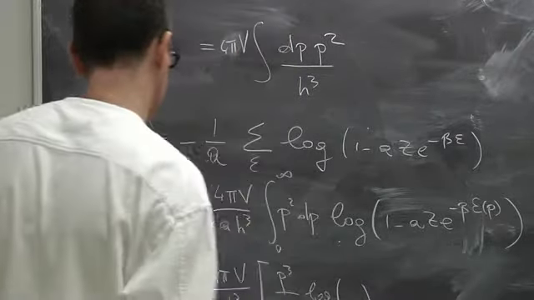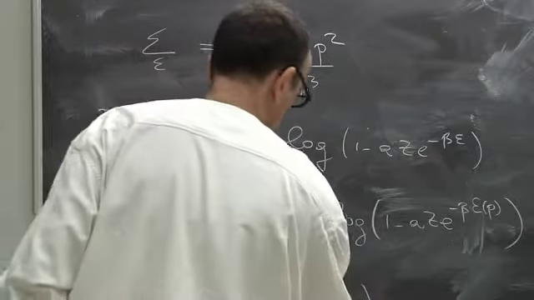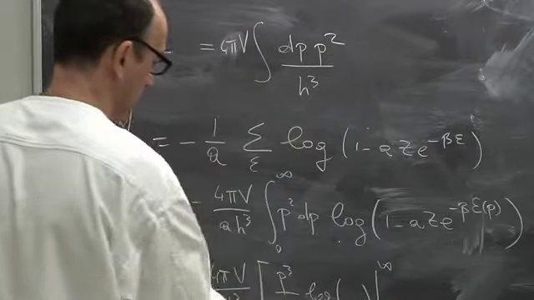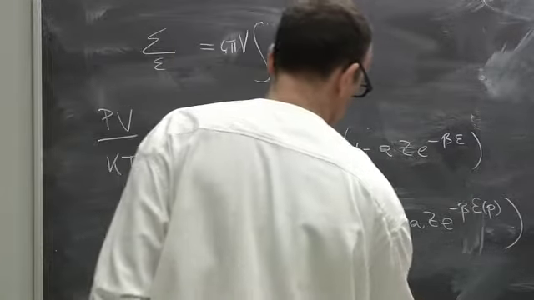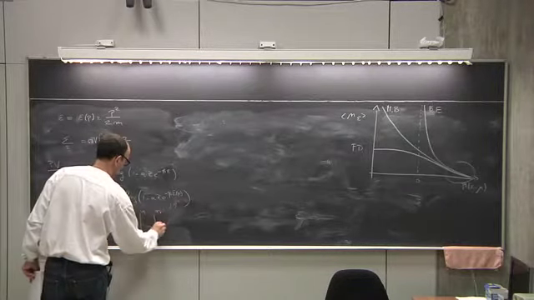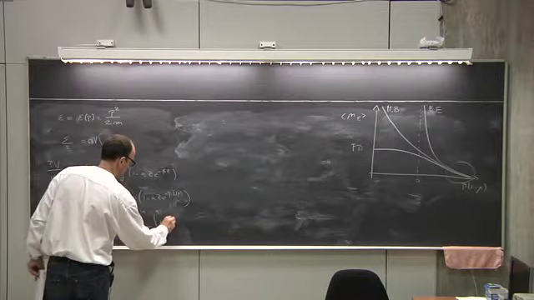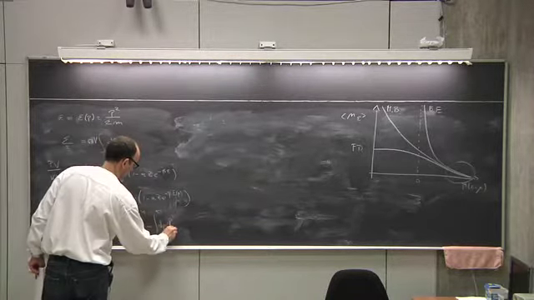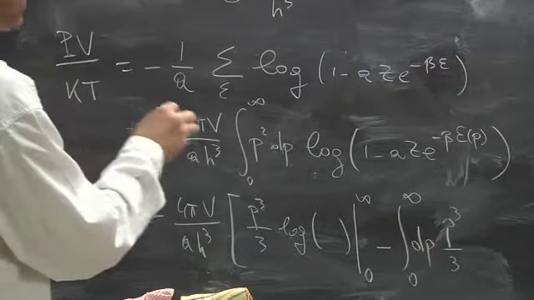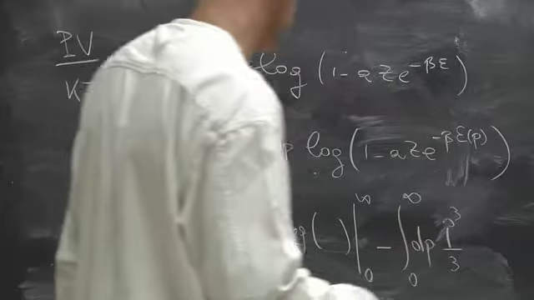And then there is the other term, which is computed at 0 and infinity, where the momentum is equal to 0 or infinity. And it's minus the integral from 0 to infinity of dp of p cubed divided by 3. So this is pressure, okay? This is a big P and this is small p, okay?